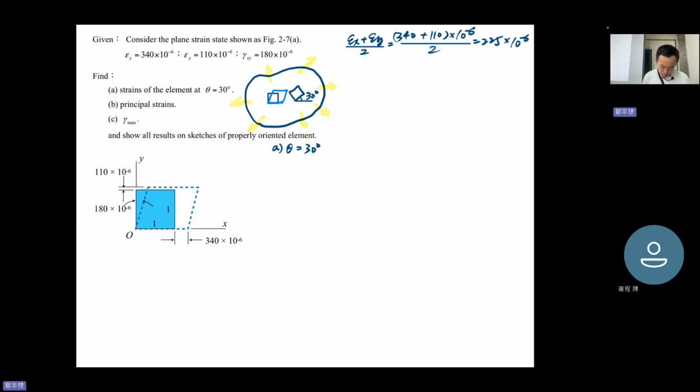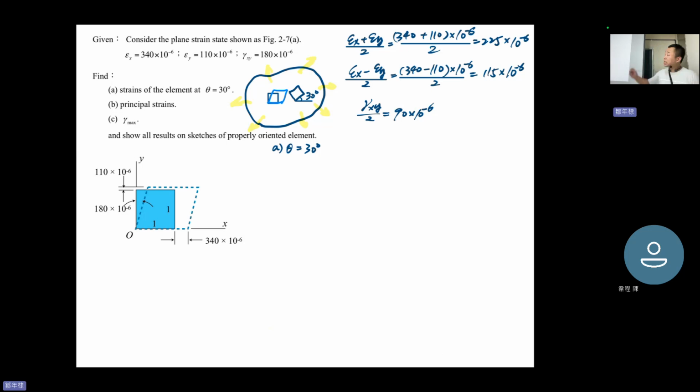And the other is epsilon x minus epsilon y divided by 2 equal to 340 minus 110 divided by 2 times 10 to the minus 6, 115 times 10 to the minus 6. Gamma xy divided by 2, 90 times 10 to the minus 6.